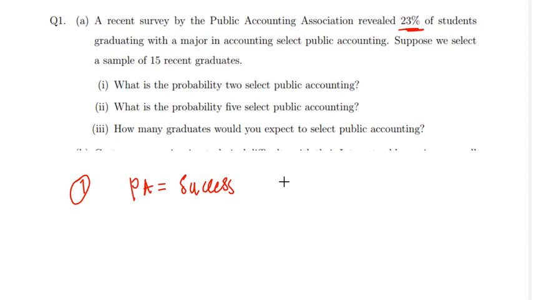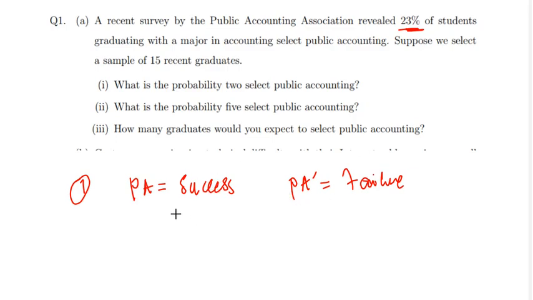And the other one is you do not choose public accounting, public accounting complement, and this is a failure. So there are two possibilities in this scenario: it's either they choose public accounting or they don't.